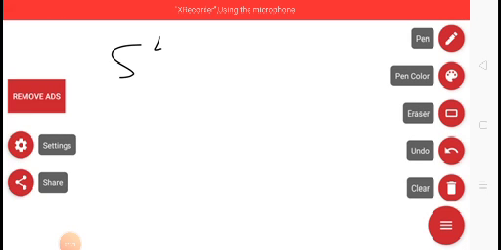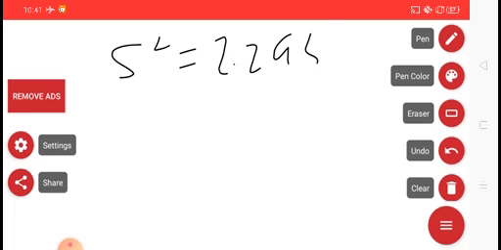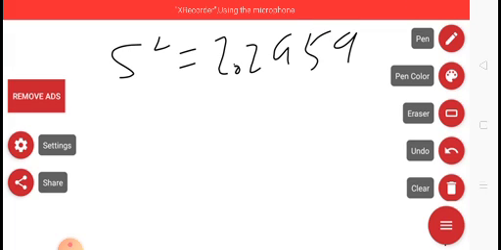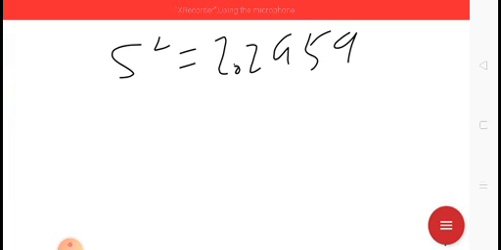So s squared, the unbiased variance, will be equal to about 2.2959. If you can put it in fractional form, put it in fractional form. If you cannot, you may at least put 4 to 5 decimal places, to cover the loss of values. So this is for s squared.